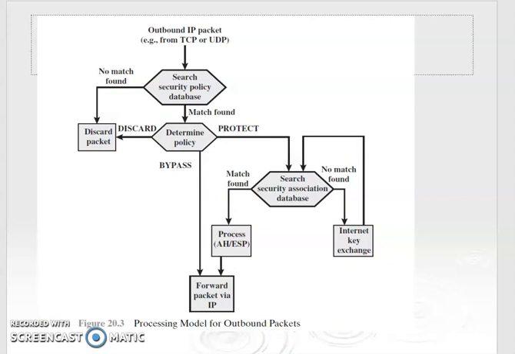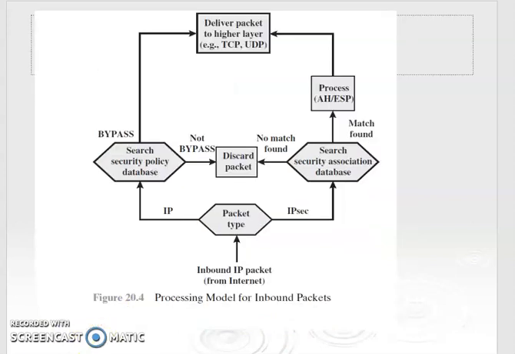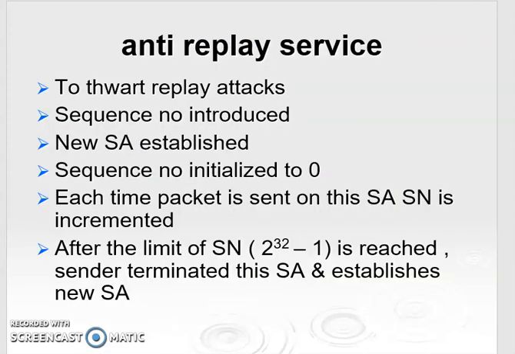In the same manner, we have the processing model for the inbound packets also. Let us see the next thing, that is the anti-replay service. Earlier we discussed that there is an anti-replay field in the security association. Now, what is this anti-replay service?